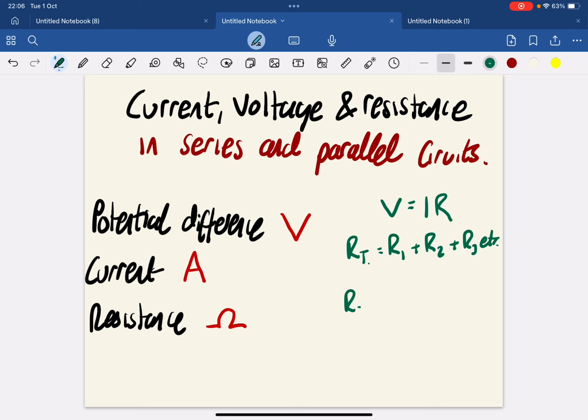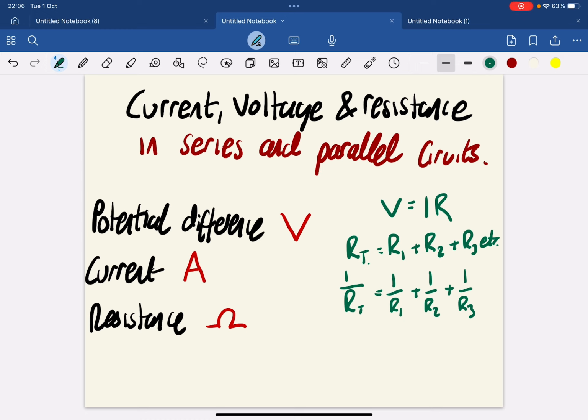When they are in parallel, it's a little bit different because 1 divided by the total resistance equals 1 divided by the first resistor plus 1 divided by the second resistor plus 1 divided by the third resistor.